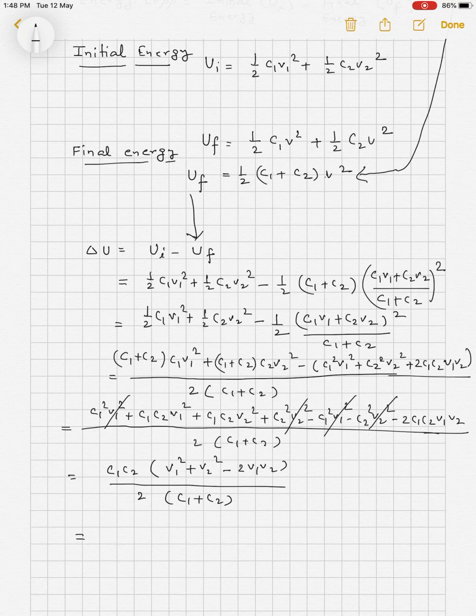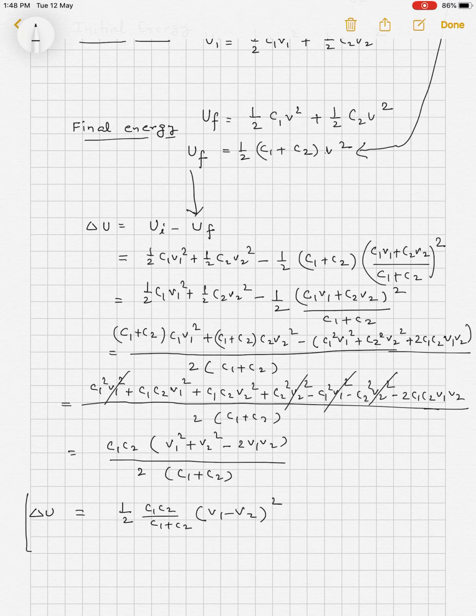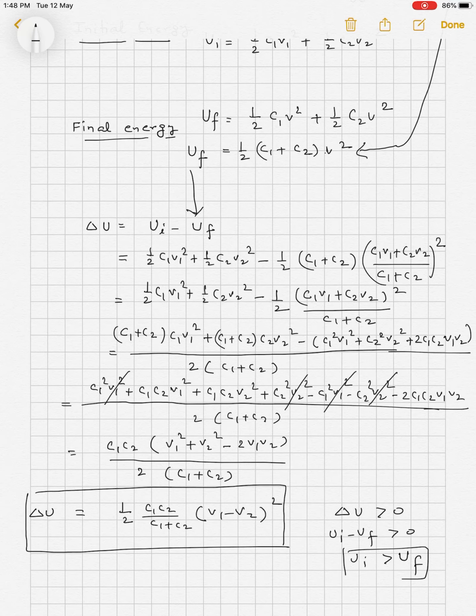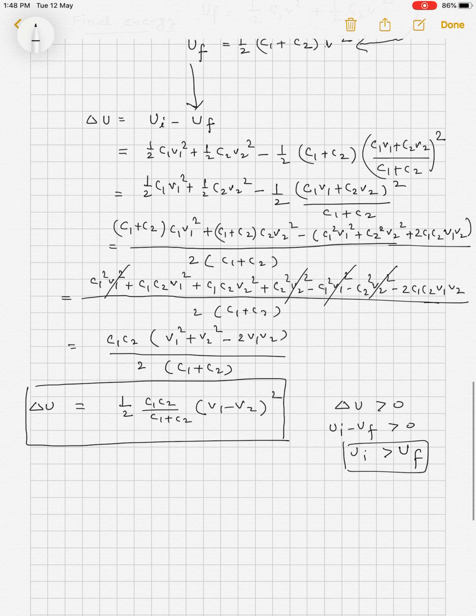So we get the final formula: delta U is equal to half C1 C2 upon (C1 plus C2) times (V1 minus V2) whole square. So C1 C2 is a positive quantity and the bracketed quantity is squared, so it is also positive. So delta U is greater than 0. This is the formula for the energy loss, and because the right hand side is a positive quantity, delta U is greater than 0, that is Ui minus Uf is greater than 0. So Ui is greater than Uf, meaning initially the energy was more, finally the energy is less.